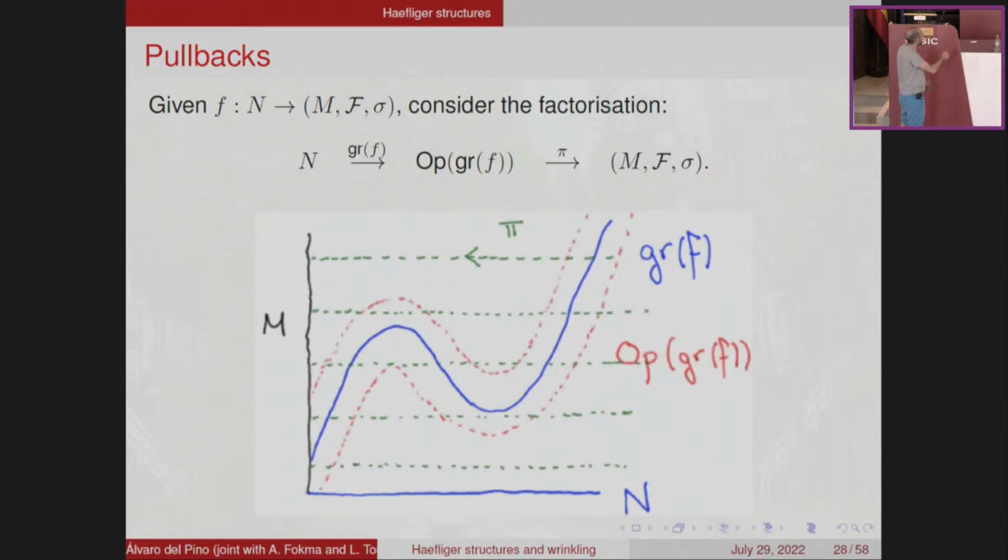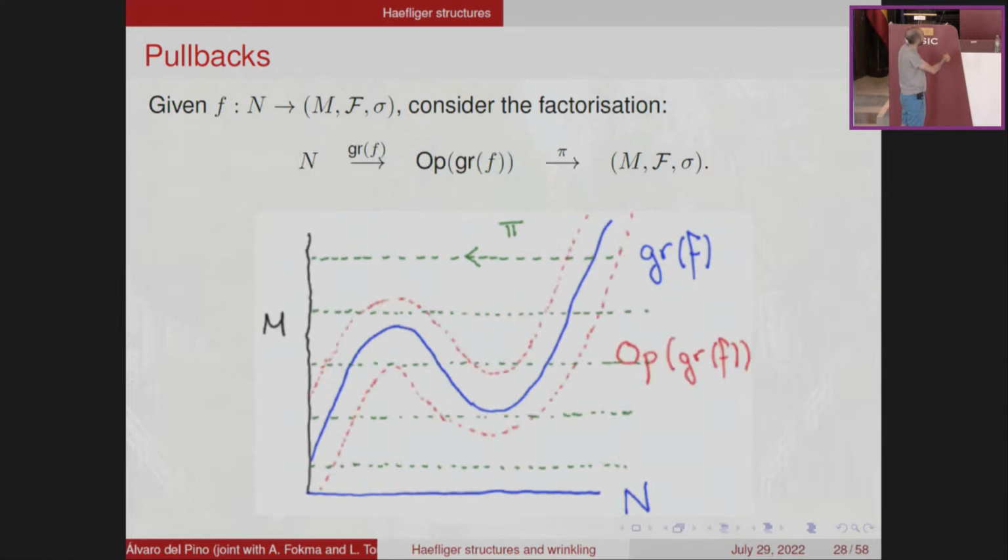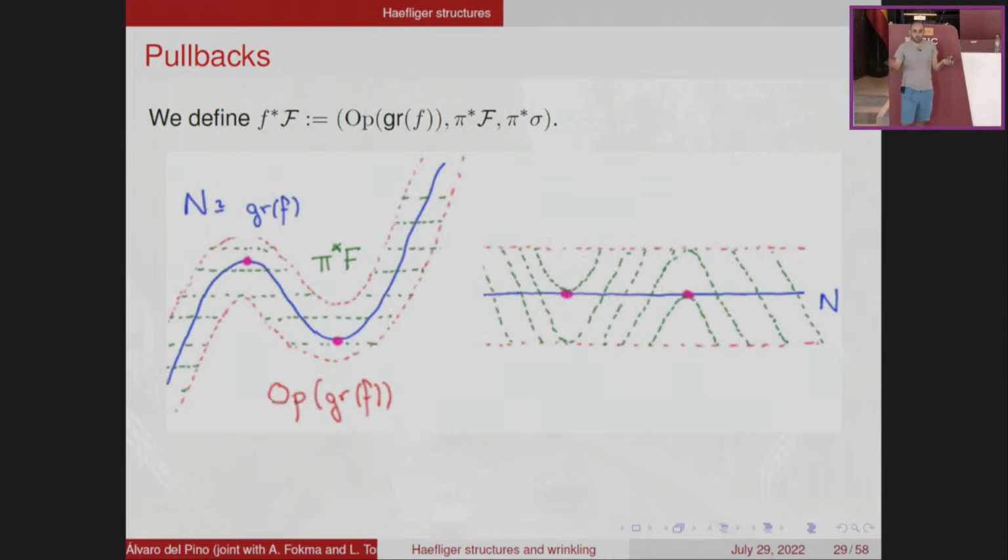Now, of course, I don't really need n times m, right? Because in some sense, if I just care about f, I only care about the graph of f. So I may as well forget what happens far away and just focus on a germ or neighborhood around this. So, okay, this is where the action is happening. And now, as I told you, I'm happy to just pass from a manifold to a vector bundle on top and pretend nothing has happened.